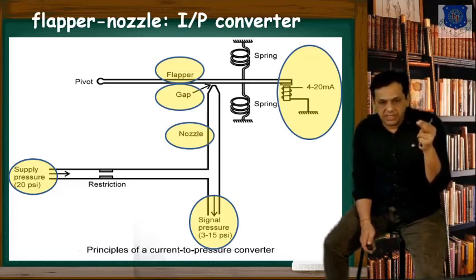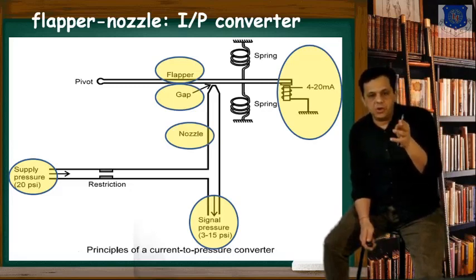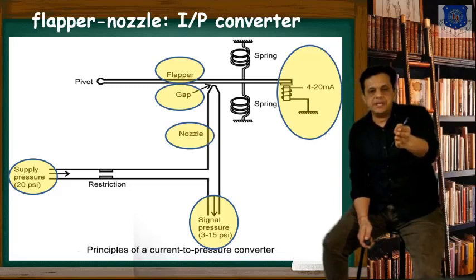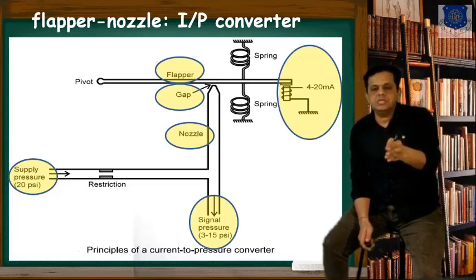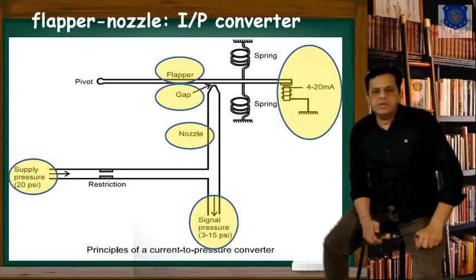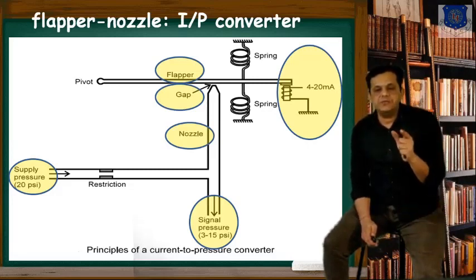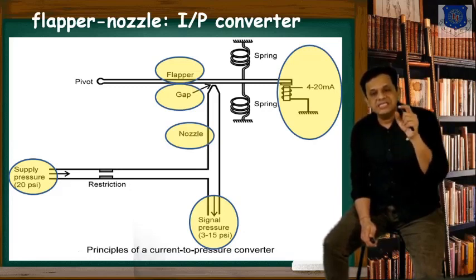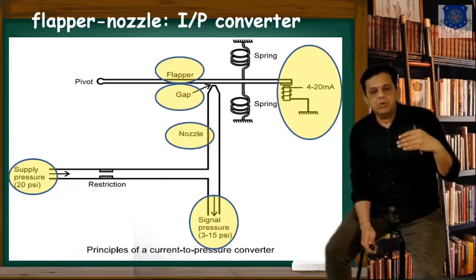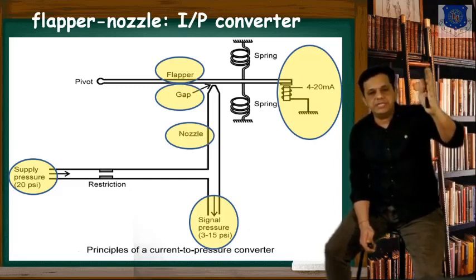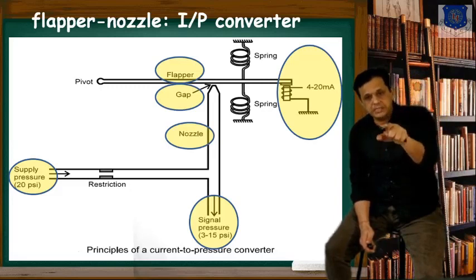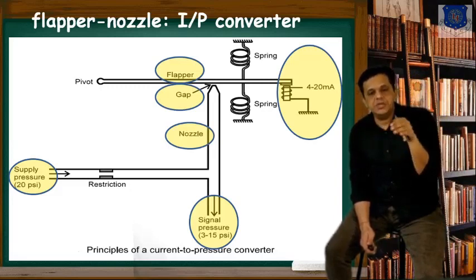So ultimately, whatever pressure we are supplying from the 20 psi supply line, the maximum pressure will go out as the signal pressure. Now, if we reduce the amount of current, the gap will be larger and more pressure will be released from that gap, and the signal pressure will be reduced.